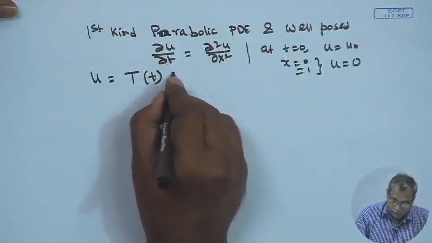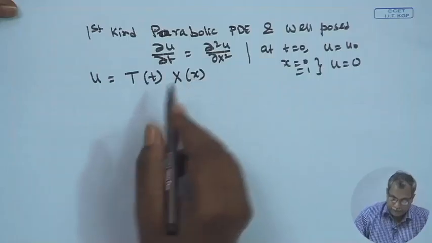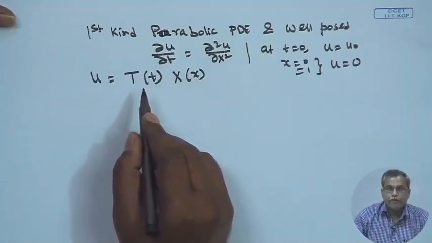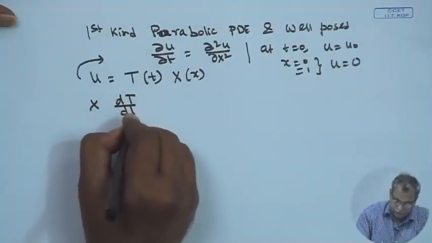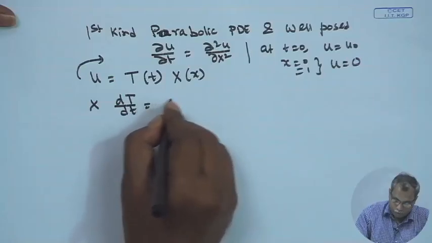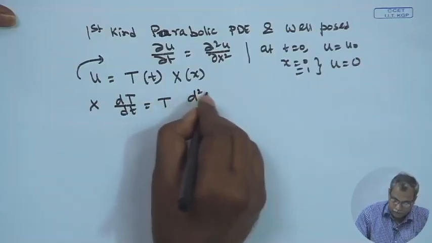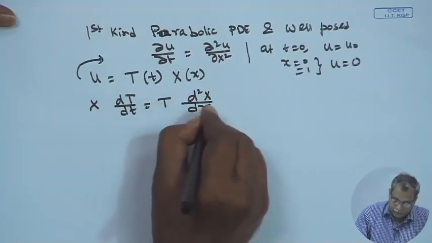One is a sole function of x, another is a function of time only. So, u is equal to T into X. Now, we put this in the governing equation. What we get is X dT dt is equal to T d square X dx square.